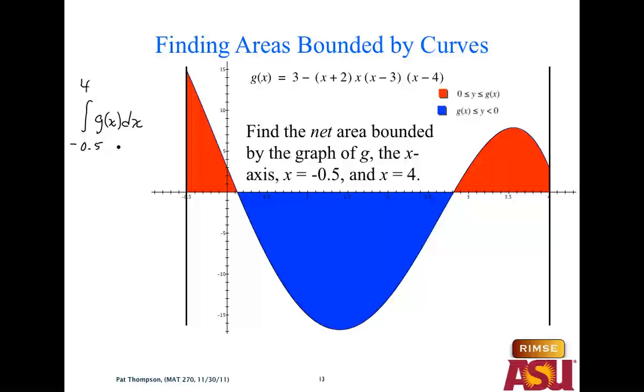And let's ask, if this were a rate function, what is the story of the accumulation from negative 0.5 to 4? How can you describe how our quantity accumulates from negative 0.5 to 4? Can you imagine the accumulation as it would transpire? What would be happening at first?